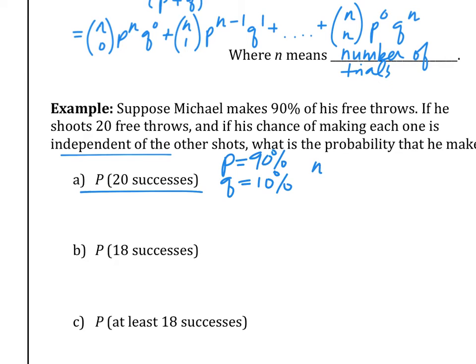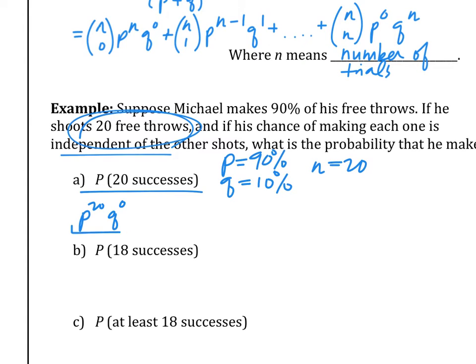That means n is going to be 20. Okay, so what's the chance that he gets it in? Well, he's going to get it in 20 times, and miss none, because he's shooting 20. So he's going to make all 20, but miss none.